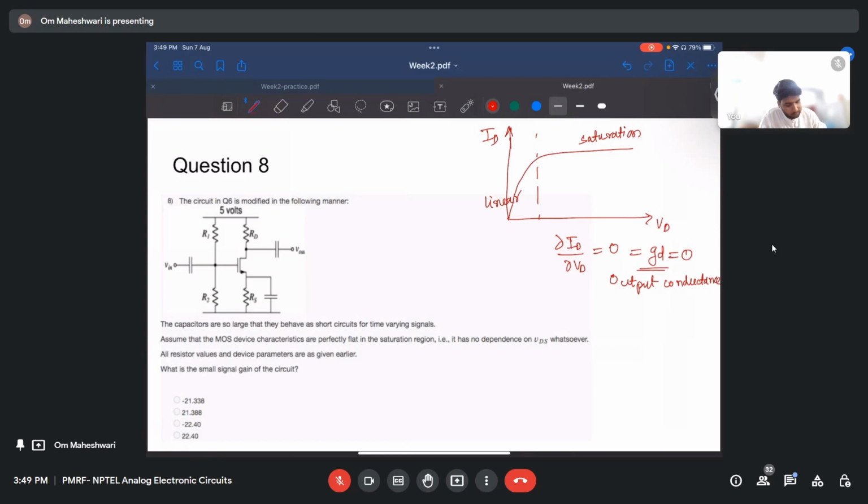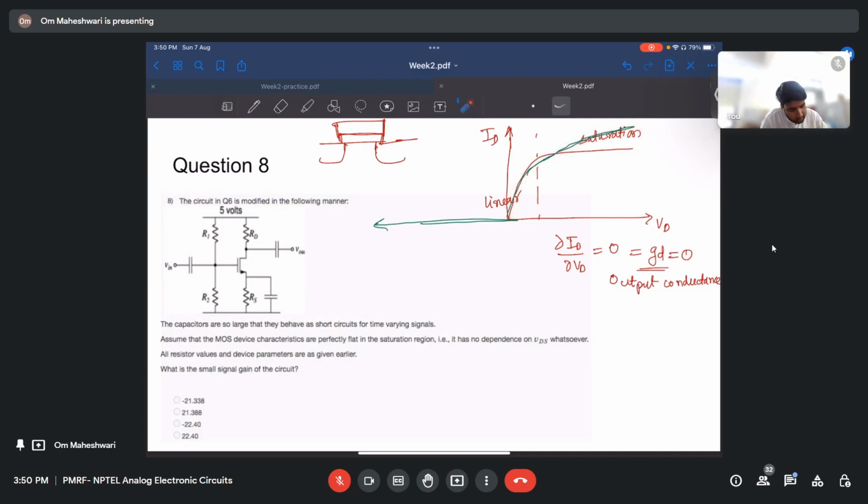So if you have done any devices course, this is the MOSFET, right? Let's suppose this is my ID-VD curve, this green one.